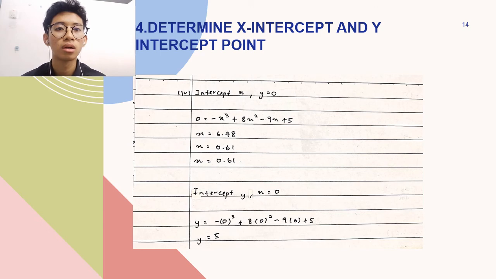The final answer has 3 points: x equals 6.78, x equals 0.61, and x equals 0.61. For the y-intercept, x equals 0, y equals negative 0³ plus 8 times 0² minus 9 times 0 plus 5, and the final answer is y equals 5.